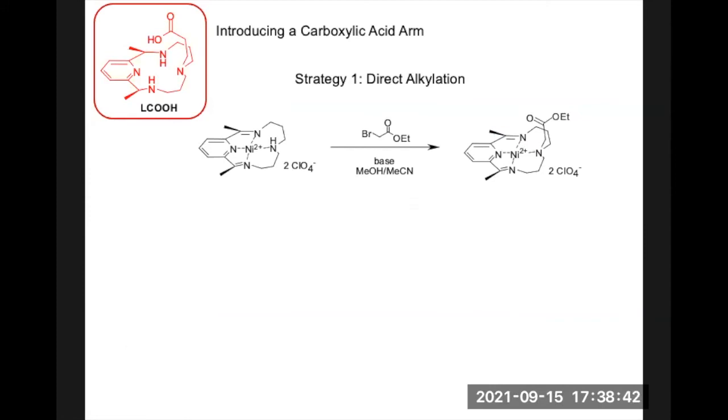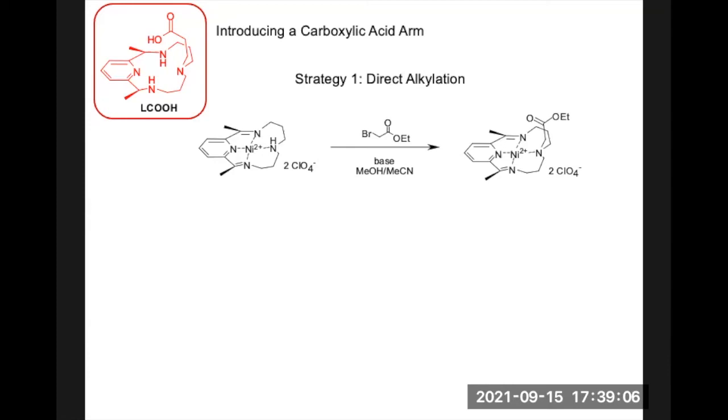Introducing a carboxylic acid arm was initially thought to be a simple SN2 reaction between the amino group and the ethyl bromoacetate followed by hydrolysis. To direct the alkylation towards the middle nitrogen, I started the reaction using the oxidized form of the nickel complex.